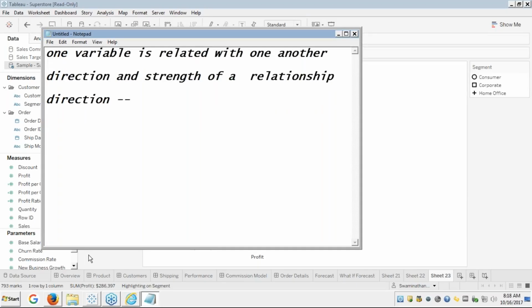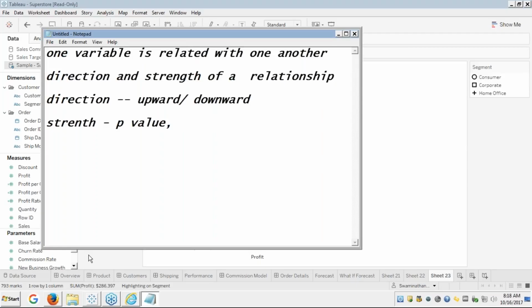Direction is basically going to be an upward trend or a downward trend. Correct? Direction is going to be that, and strength is determined by the p-value, r-squared value, confidence intervals.